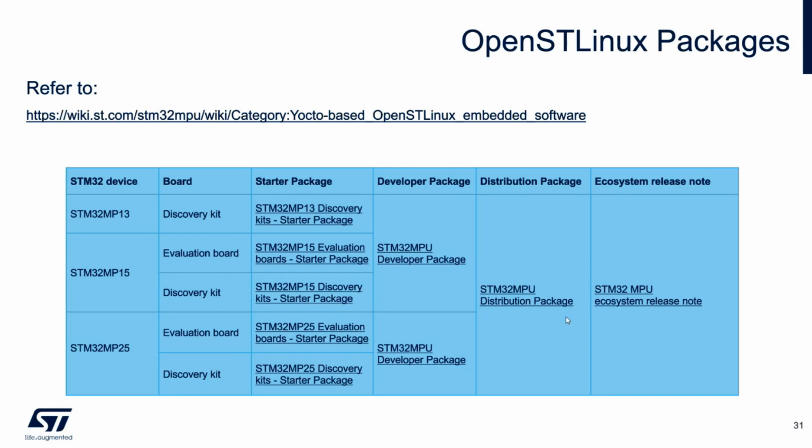So we have a single set of source code that includes the 2 compilers. From this single distribution package that covers all our MPU products, you can generate a starter package for every single board. And obviously the release notes are just one, describing the distribution package content.